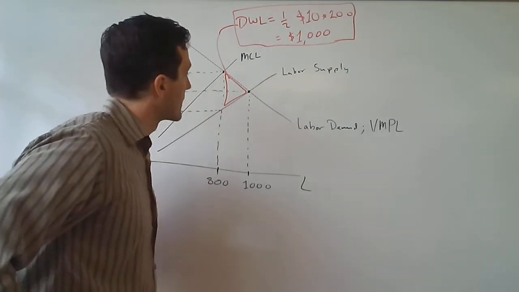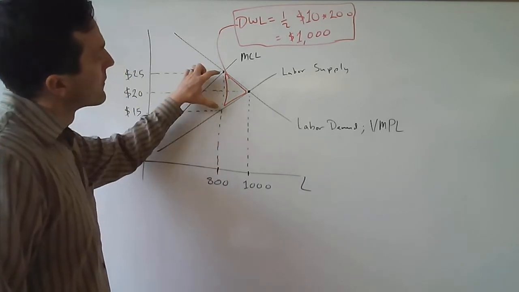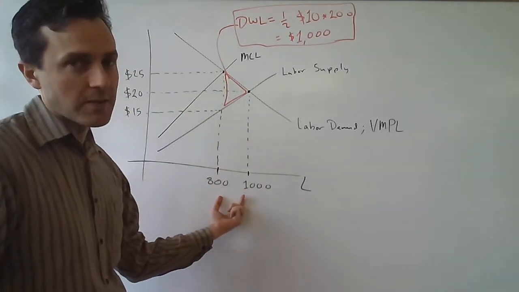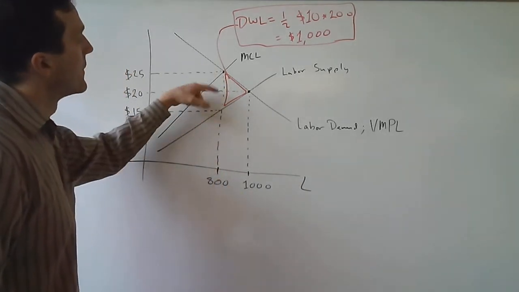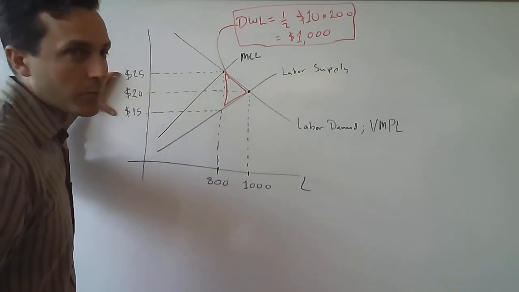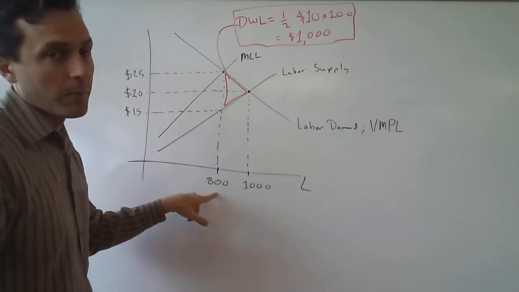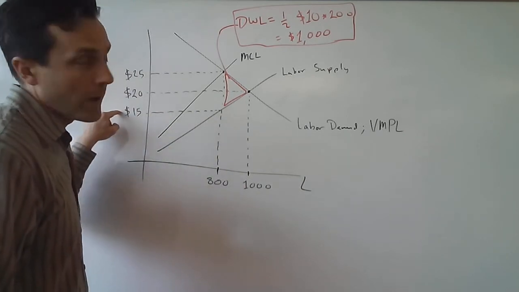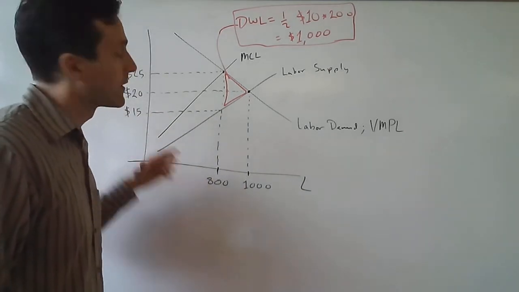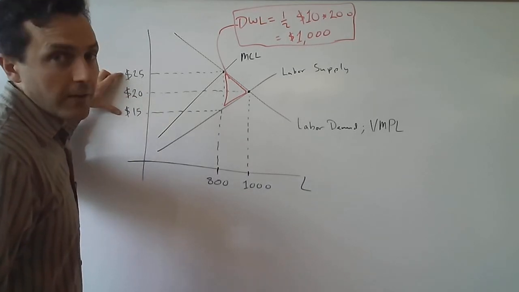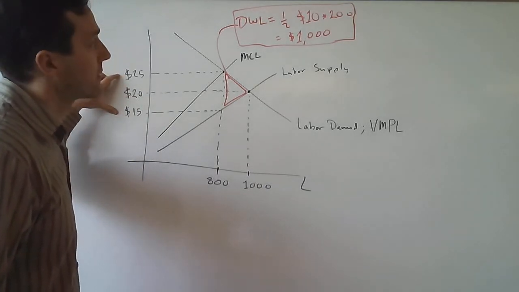Just calculating the area of this triangle, since we know the vertical dimension and we know the horizontal dimension, right? So notice that the vertical dimension of the triangle was the difference between the value of the marginal product of labor when there are 800 workers and the wage to induce 800 workers to work, which is 25 minus 15 or $10, right?